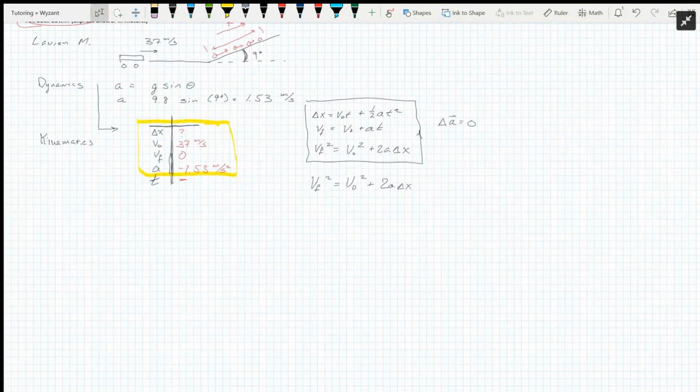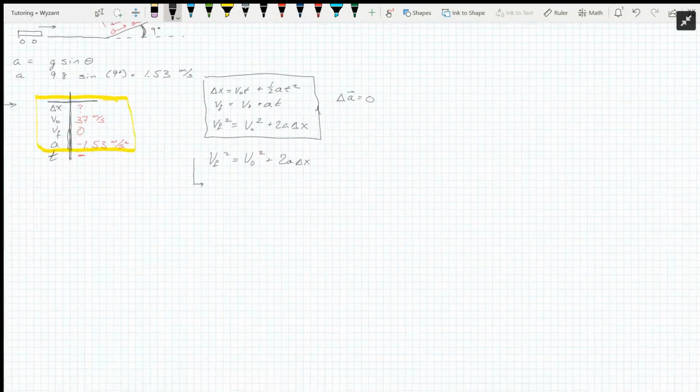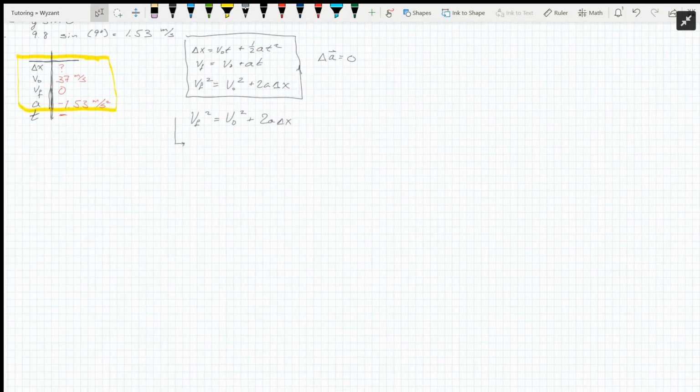Now we can take it home. We're looking for delta x, so we're going to do some algebra on this equation. I might do this too fast, but you might need to watch it a couple of times to slow it down. We're looking to solve for delta x, how far. The first thing I would do is flip the order of this: v naught squared plus 2a delta x equals vf squared. Simply reverse it along the equal sign.